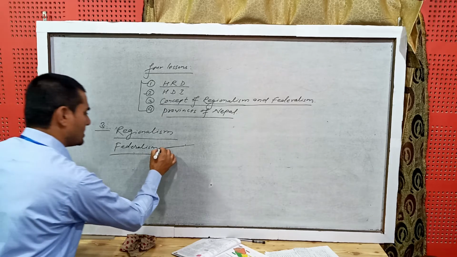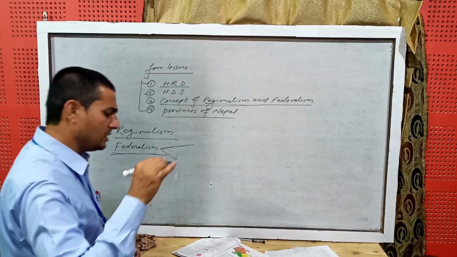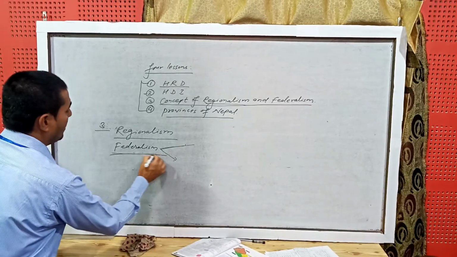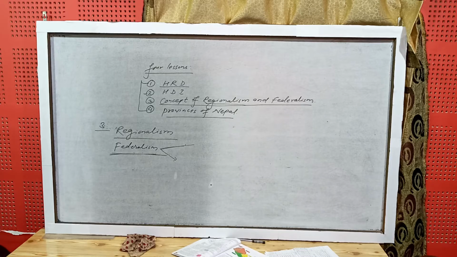In the concept of federalism, our federal state was announced in Nepal in 2065 BS.